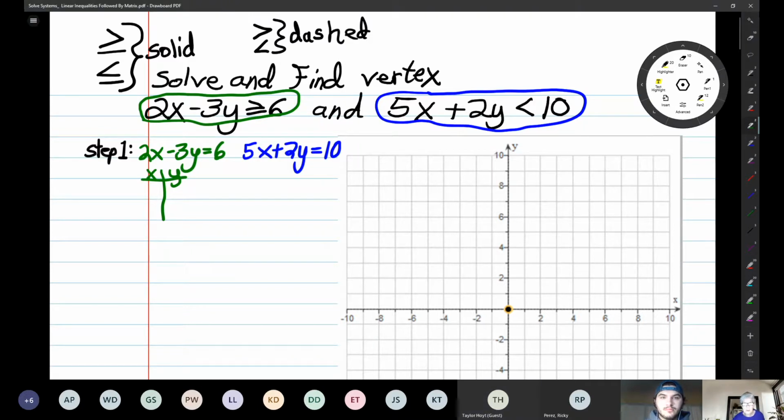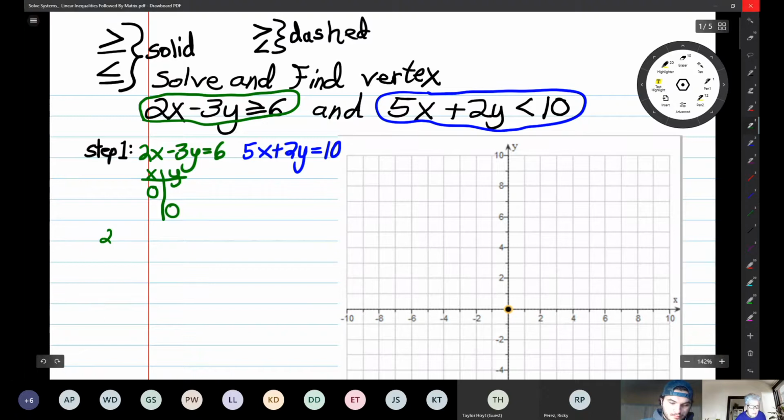That way you don't have to bother translating, solving for Y. Okay, so what's really easy is when these coefficients go evenly into the number over here. 2 goes into 6 evenly, -3 goes into 6 evenly. Then it's really easy to set up your table like a tic-tac-toe grid, and say, okay, if X equals 0, what is Y? If Y equals 0, what is X?